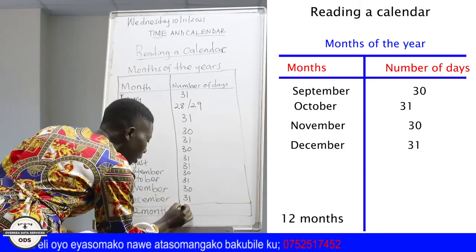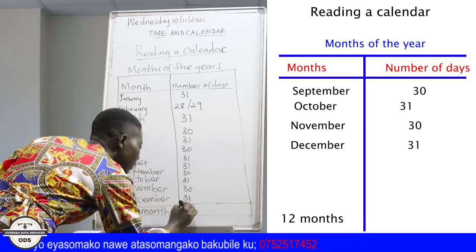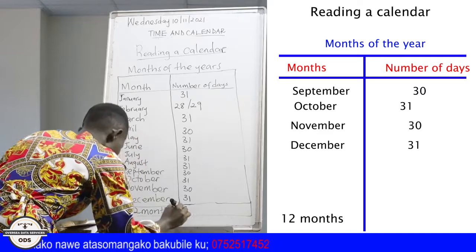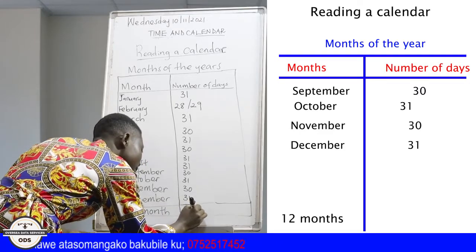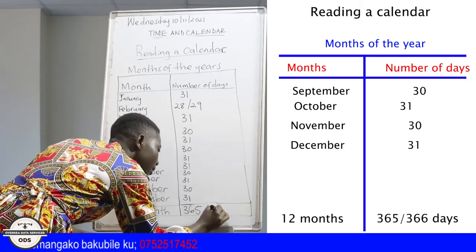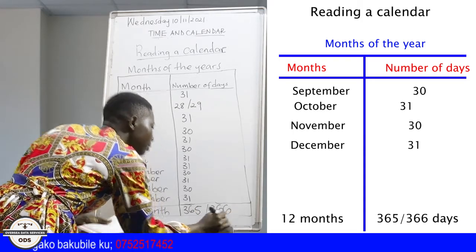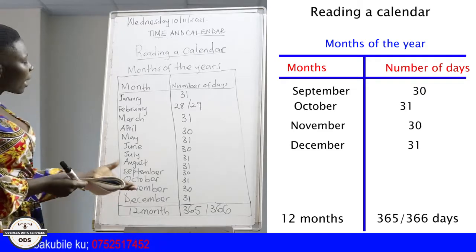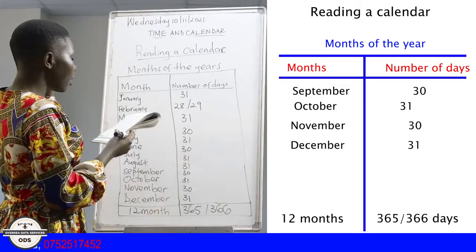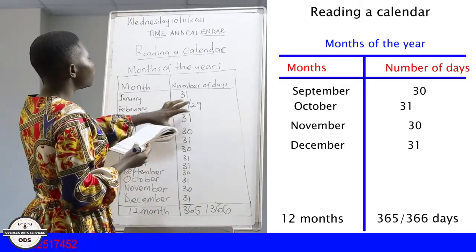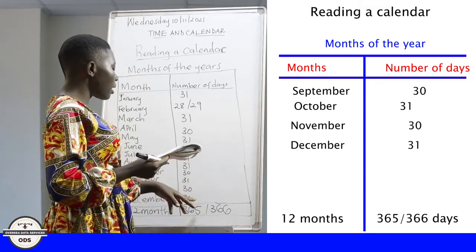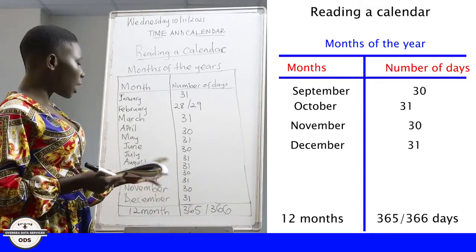That totals, it gives us 365 days, or we have 366. When do we have 365? In an ordinary year, when February is having 28 days, we have 365 in an ordinary year.